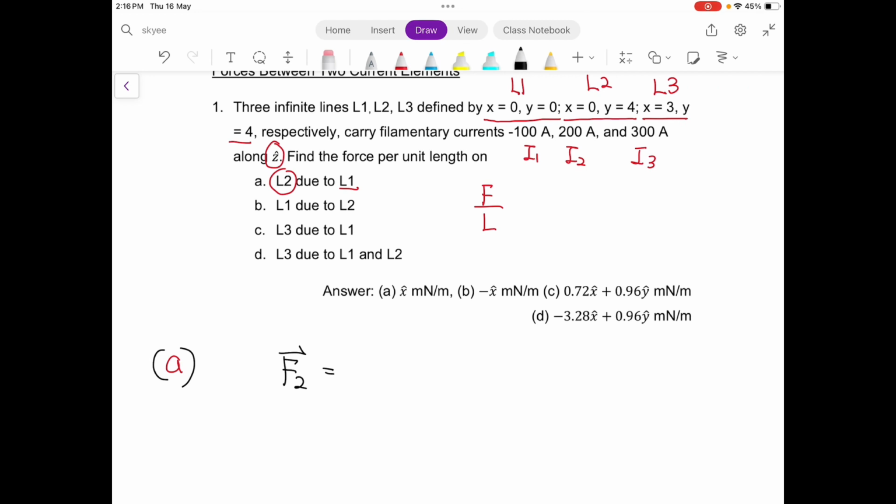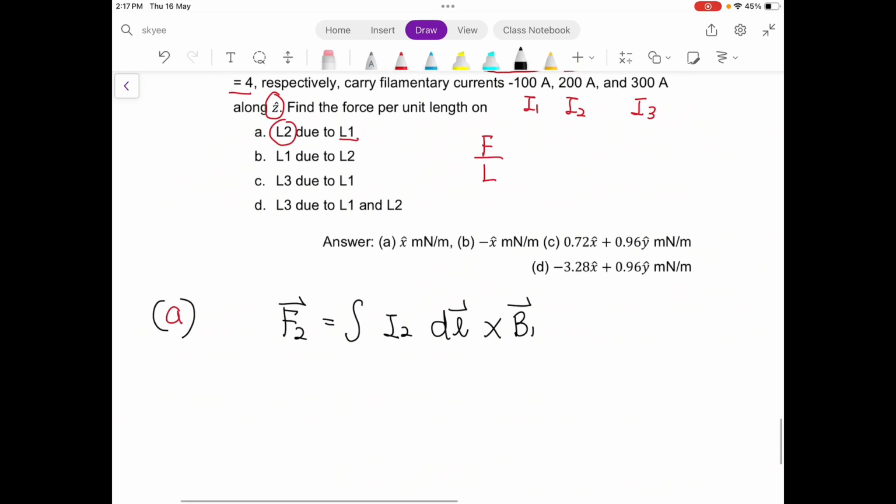L1 has the I1, and this I1 will produce B1. Because this is the force acting on L2, you have I2 dL, and this one will be your equation.